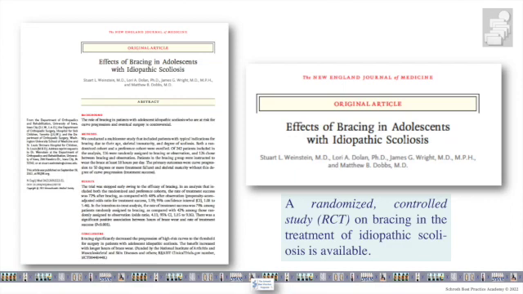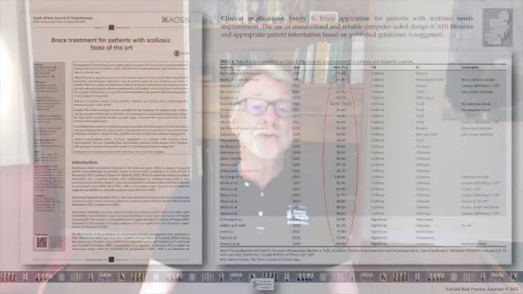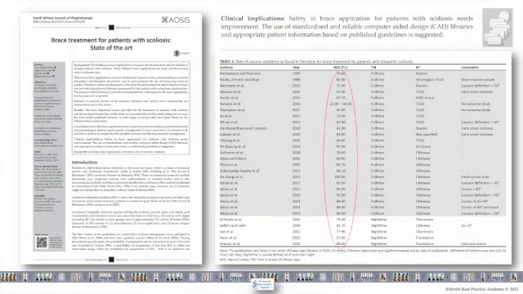This study has become known as the Bracing in Adolescent Idiopathic Scoliosis trial, or BrAIST for short. Unfortunately, brace application is hardly standardized, and thus widely varying success rates can be found in the literature.